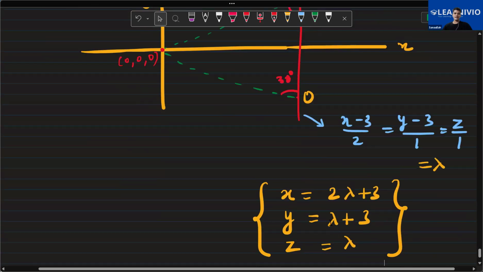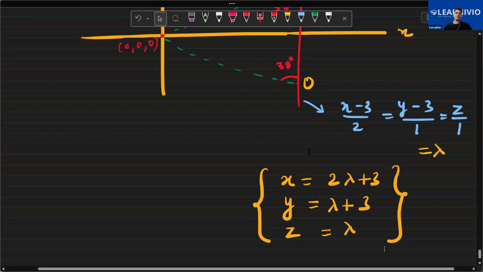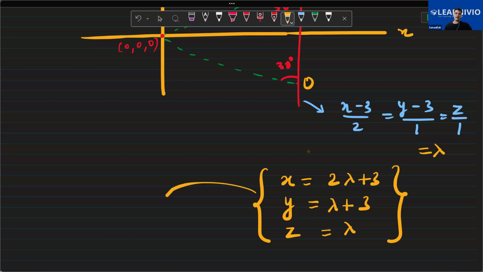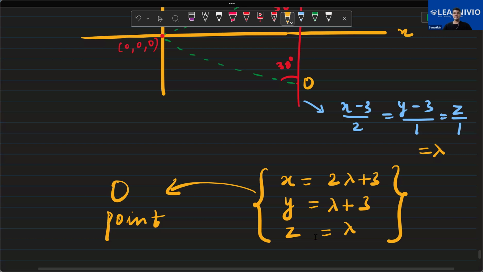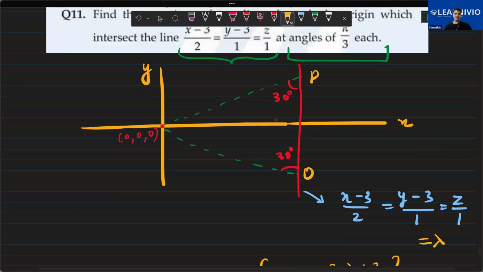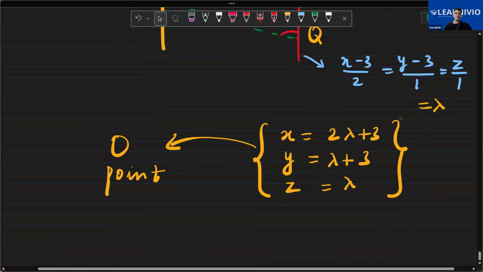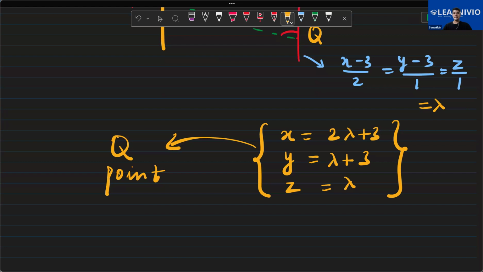Okay, so you can assume anything, like you can assume this as the O point, with x y z coordinate. Now if you take this as the origin, then this is not P, let this be Q, and this be O. Okay, this is a Q point.